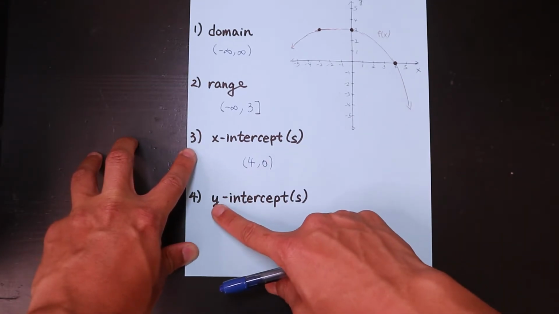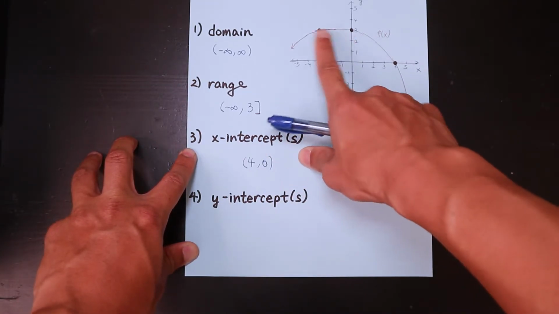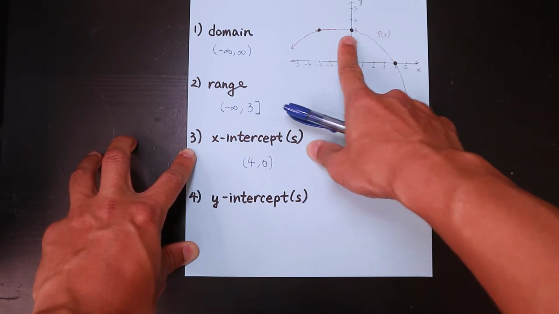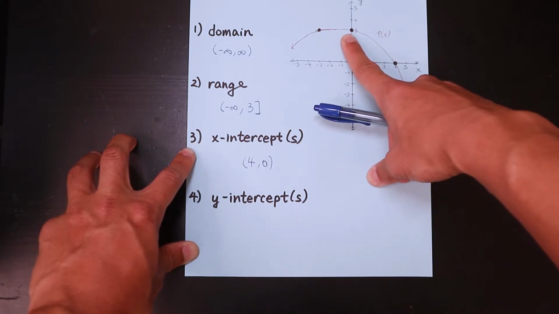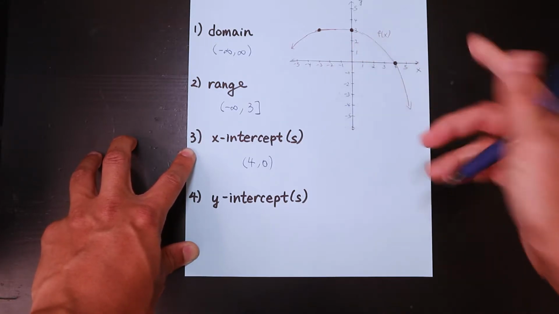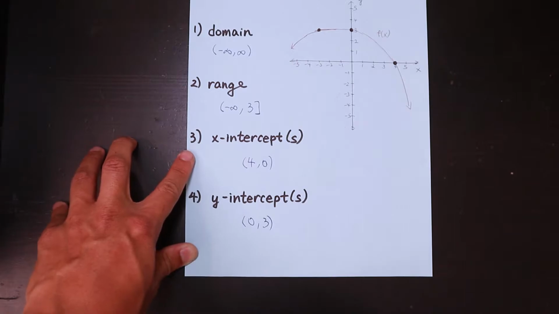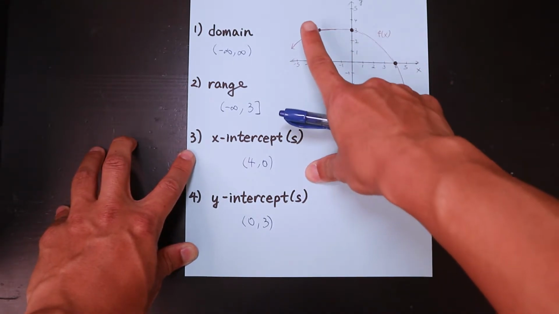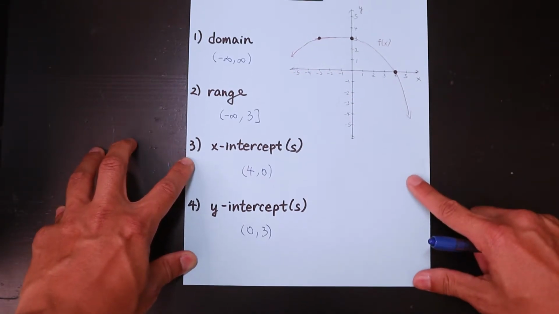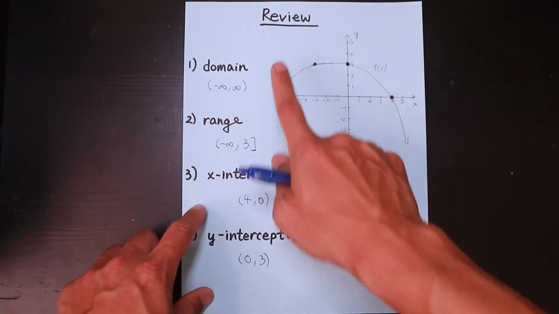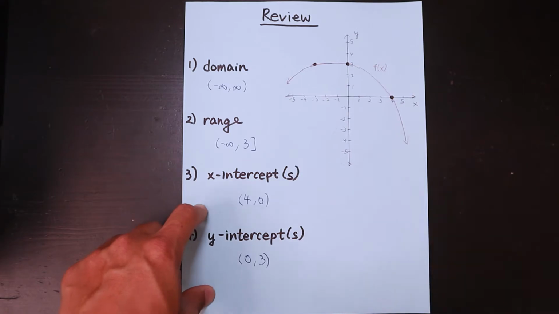Likewise, for the y-intercept, we're going to find the intersection between the graph and the y-axis, which is this point right here. The y value of this point is 3, and the x value is 0. So we're going to write (0, 3). And like I said before, the main goal of this review is how to identify certain parts of a graph, such as domain, range, x-intercepts, and y-intercepts.